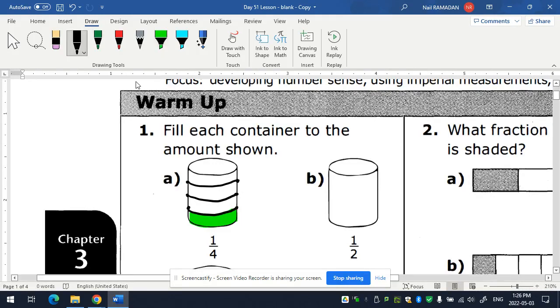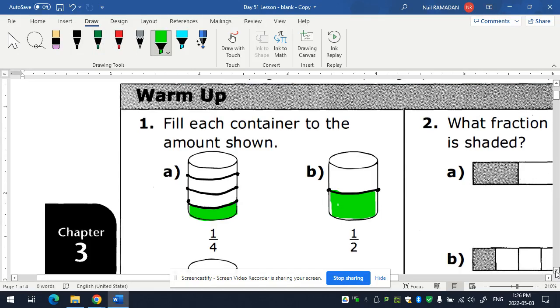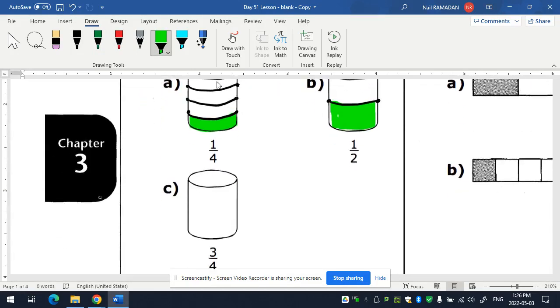Half is easy. You just go one half. Done. And the last one is how much? So that means it's got to be exactly three quarters. We're gonna do it just like this one, but we're gonna fill three of them.